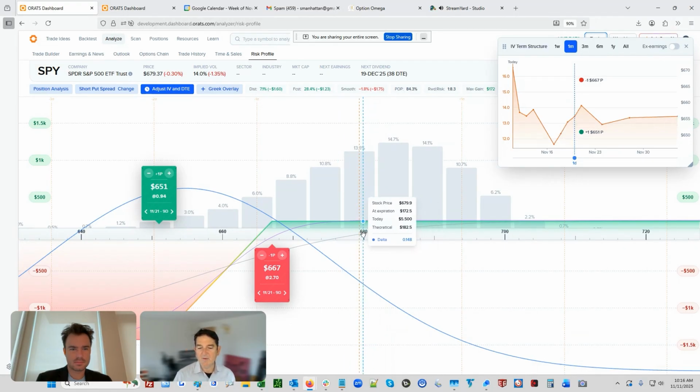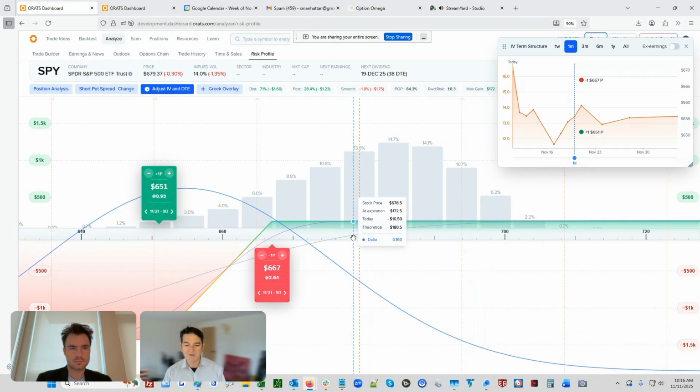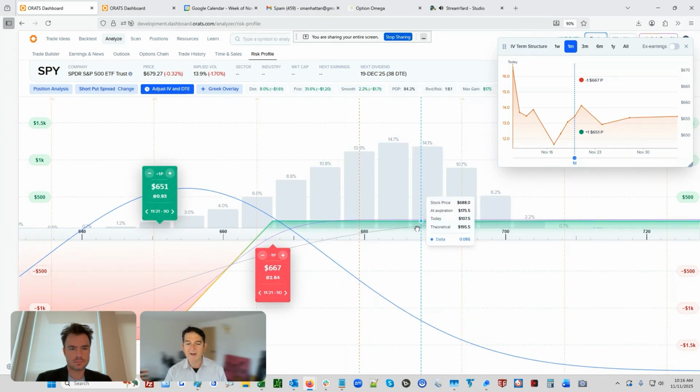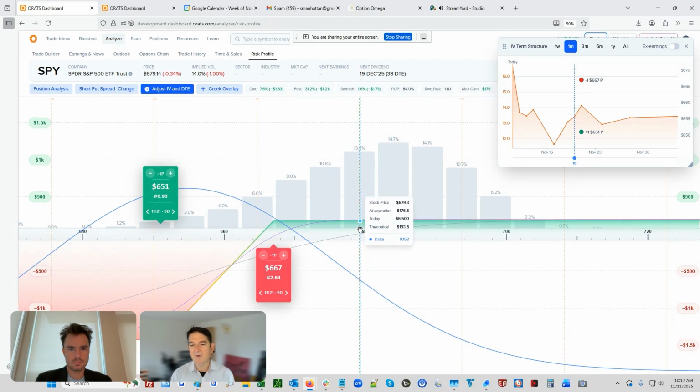If you have a bunch of different positions, you could take this gray line for every position and say where the profit and loss is going to be, not only for your SPY positions, but you could theoretically use it for any position, because we have this standard deviation distribution for every stock that you could overlay against each other and see your overall risk position.